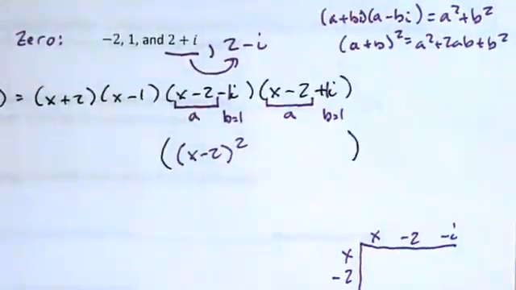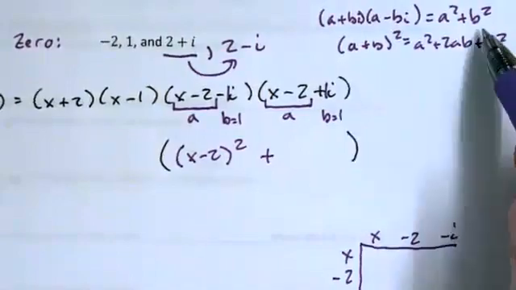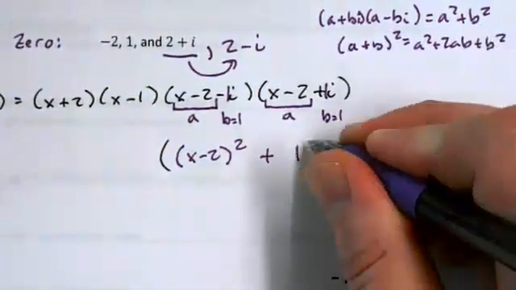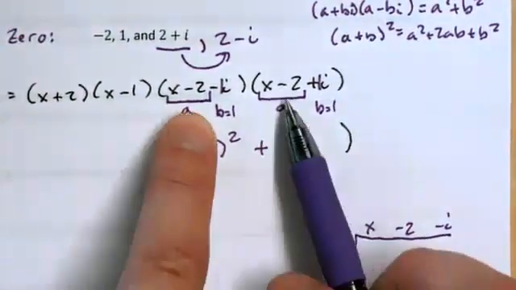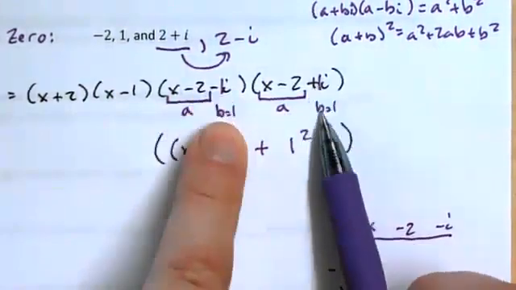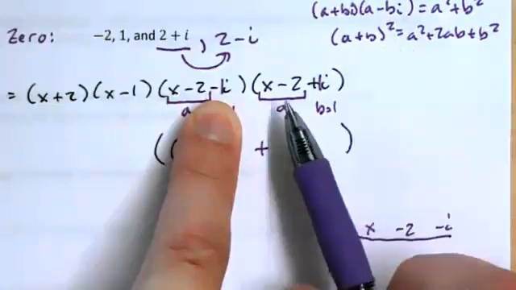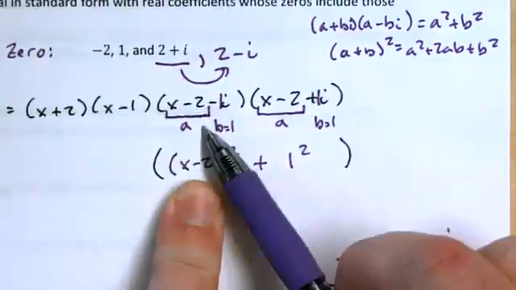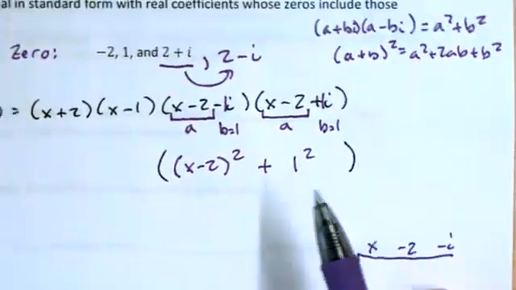That's what a is. And then plus b squared, which is just going to be 1 squared. So I grouped the x and the -2 together to be my a part, and then the b would have been 1. It's the coefficient on the i. A squared is the x minus 2, quantity squared, and then 1 squared. That's using this shortcut up here.